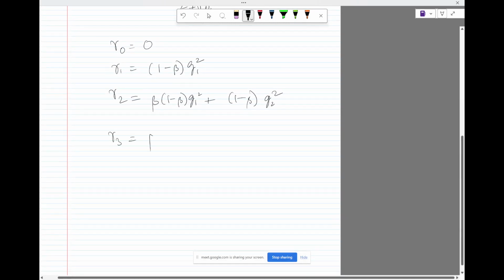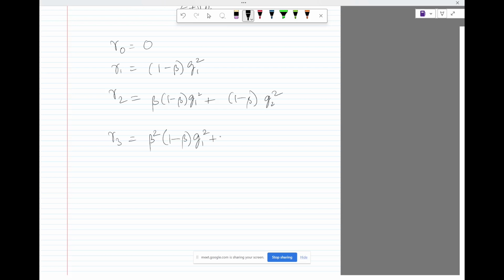R3 is beta square into (1 minus beta) G1 square plus and so on.